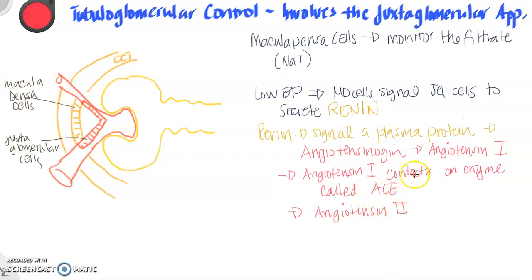All right. What in the world does angiotensin II do? Well, it does a lot of things. So angiotensin II will increase blood pressure. And it does that by causing vasoconstriction. It increases thirst.